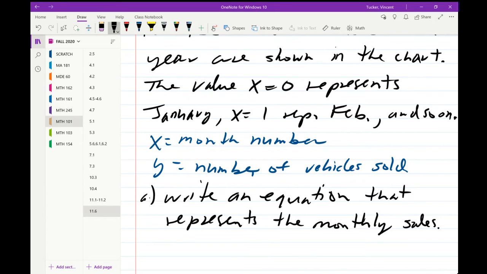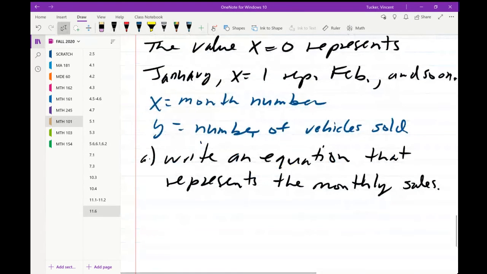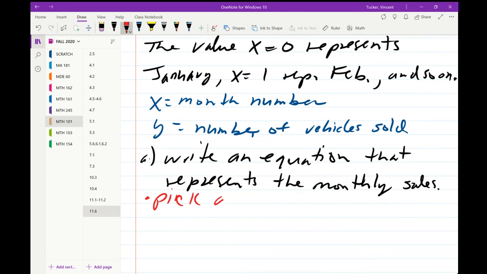They give you a couple points on the chart, and you can pick any of the points that's on the line.